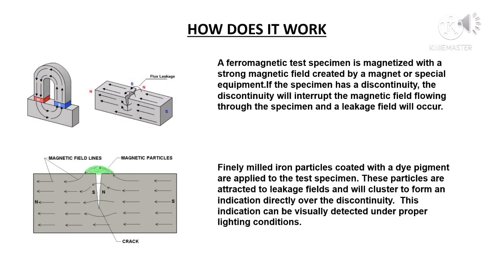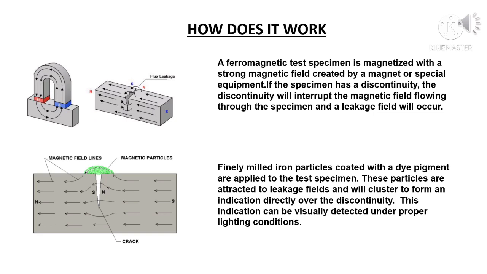How does magnetic particle inspection work? A ferromagnetic test specimen is magnetized with a strong magnetic field created by a magnet or special equipment. If the specimen has a discontinuity, the discontinuity will interrupt the magnetic field flowing through the specimen and a leakage field will occur.